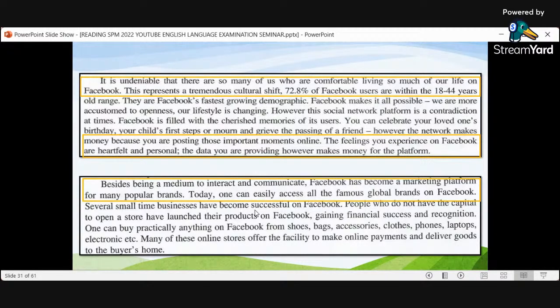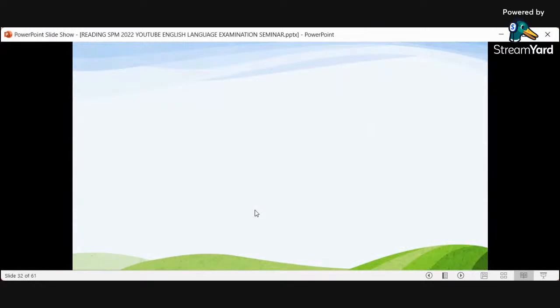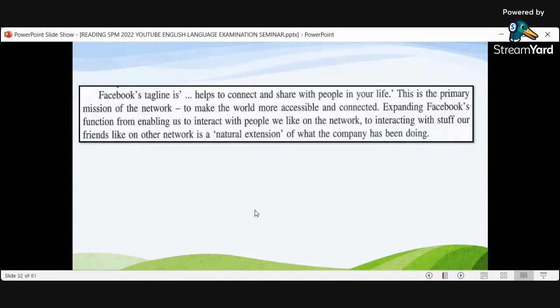And then this one, besides being a medium to interact, Facebook has become a marketing platform. I'm sure you know about Marketplace. And many of these online stores, so talking about people making it into a platform to buy and sell things, facility to make online payments and deliver goods to the buyer's house. So I just read the first sentence and the last sentence in each paragraph to know what it's about.